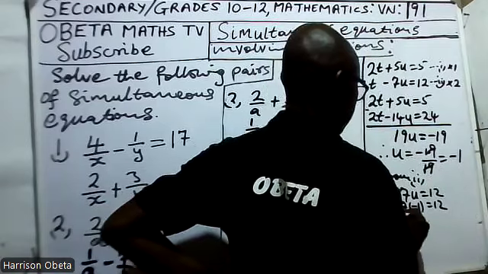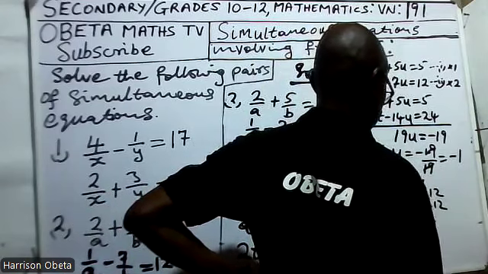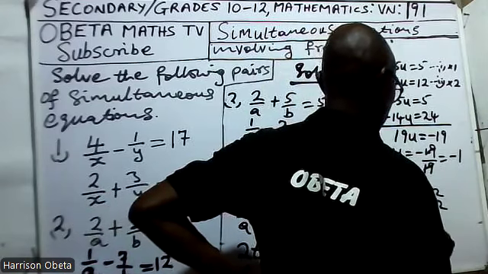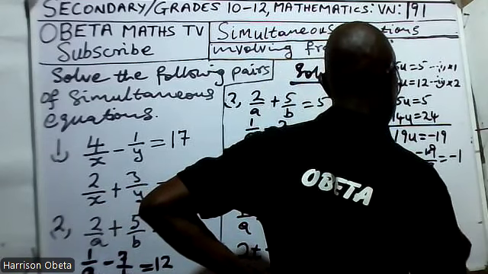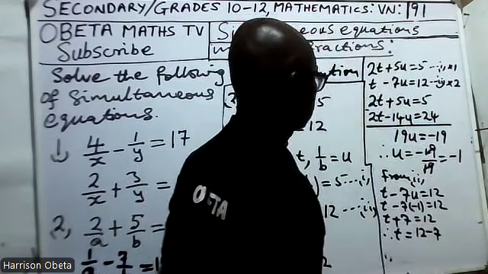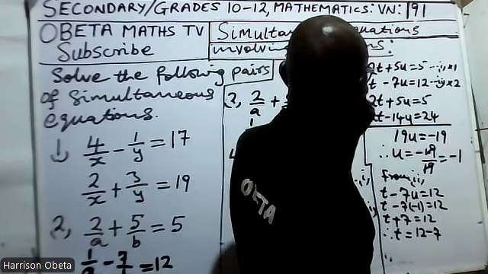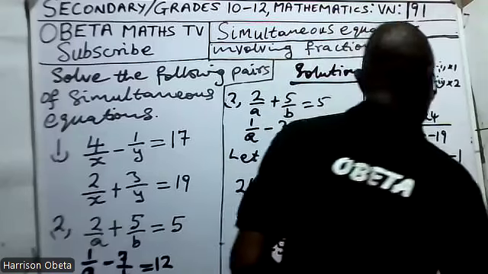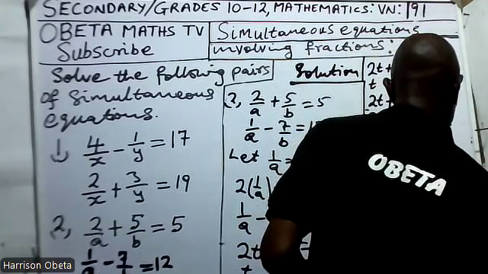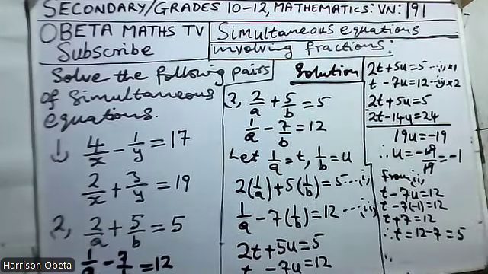And that will give us t plus 7 equal to 12. Therefore, t is equal to 12 minus 7. Then that will give us t will now be equal to 5.